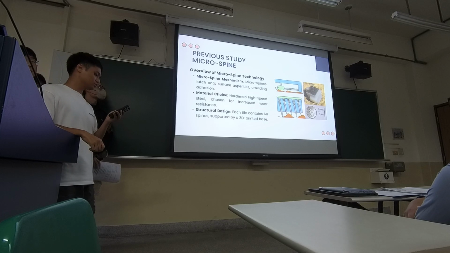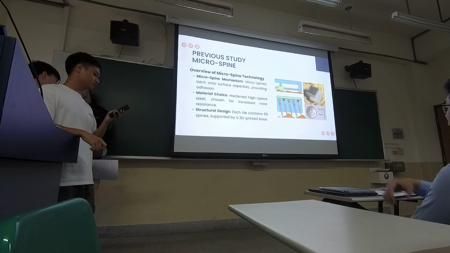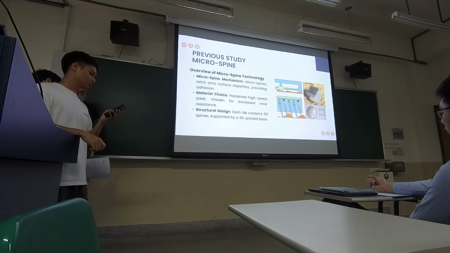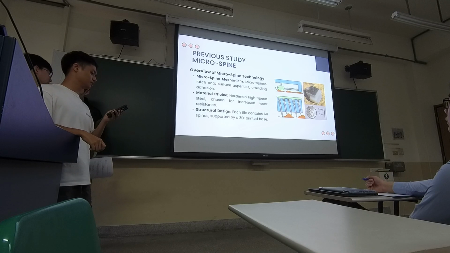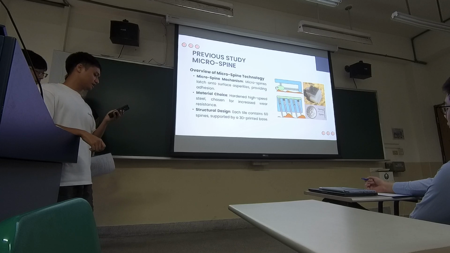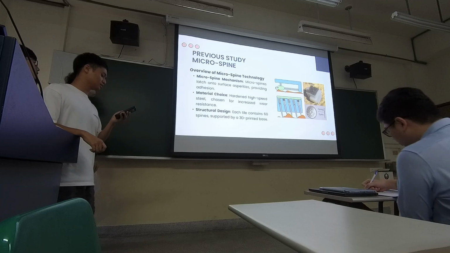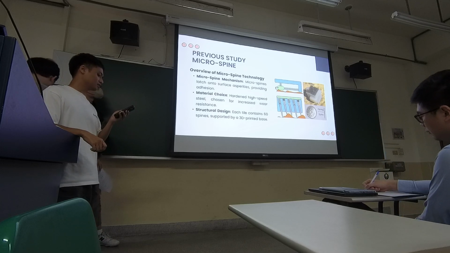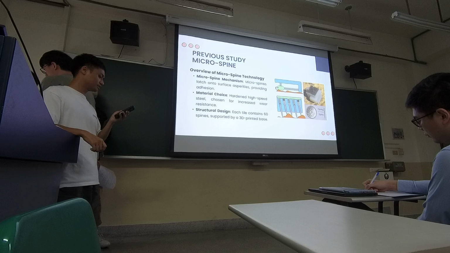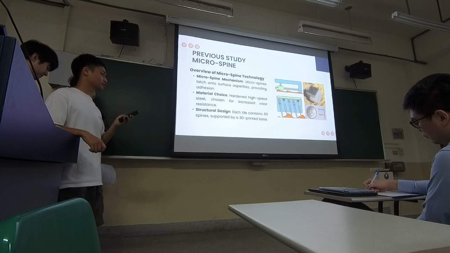The spines latch onto tiny surface irregularities, creating friction and a secure grip. Each spine is made from hardened steel, ensuring durability and ability to withstand repeated use on rough surfaces. The spines are arranged in tails, with each tail holding 16 spines, supported by a lightweight 3D print for flexibility and ease of manufacturing.